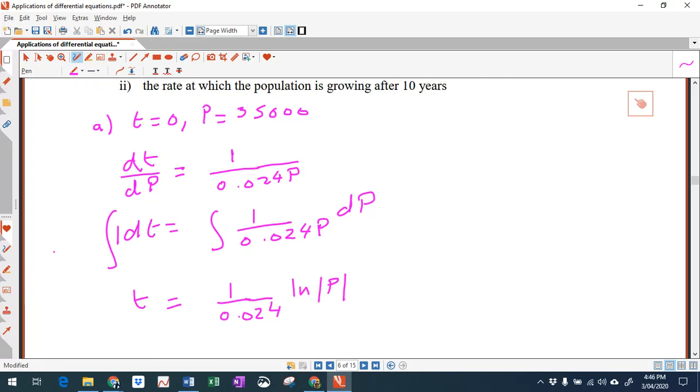You could say that P is a population, so we don't need the absolute value sign. That's true, so let's get rid of it, because we know P is positive.